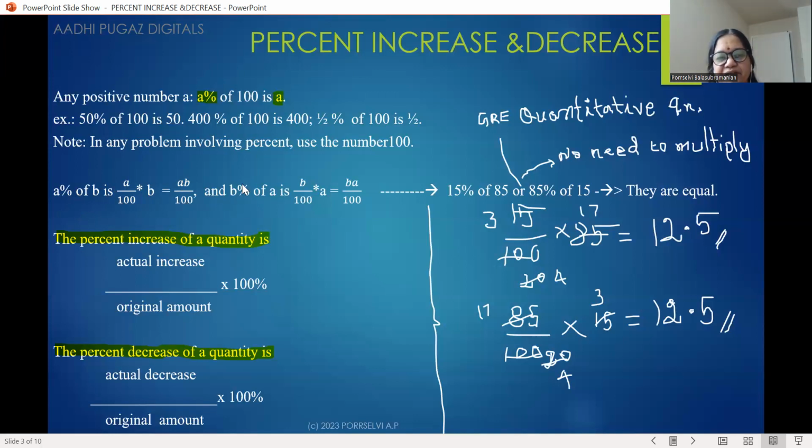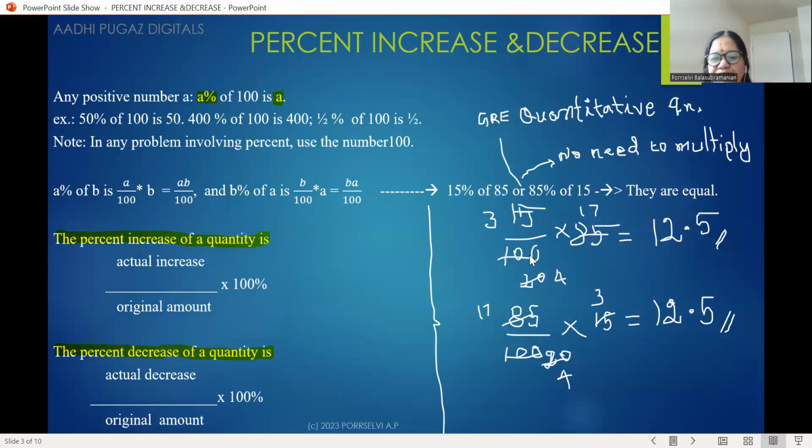Like that, b percentage of a is b divided by 100 multiplied by a, equal to ba divided by 100. So what did you understand about this equation? ab divided by 100 is equal to ba divided by 100.